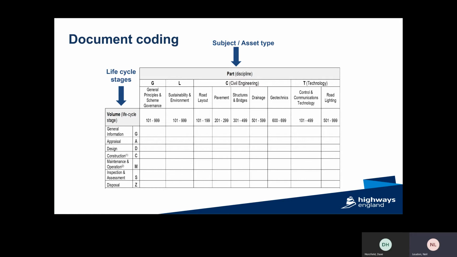So across the right at the top of the headings, structures and bridges are in the C series, and then down the left-hand side is a series of other letters which are associated with the life cycle of the structure. So a structures standard, for instance, in the design series will be prefixed by CD, followed by a number. And I'm sure in time we'll get used to these new numberings.